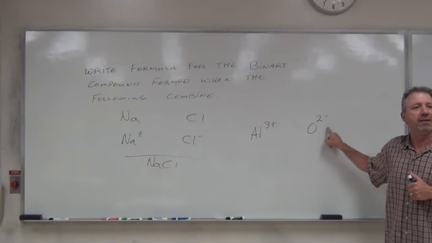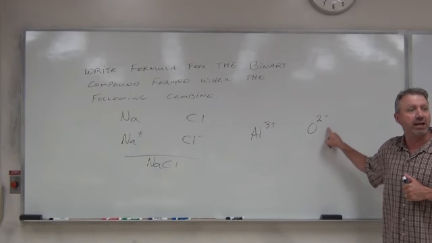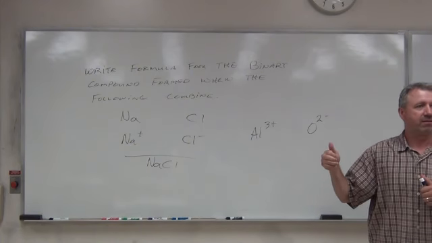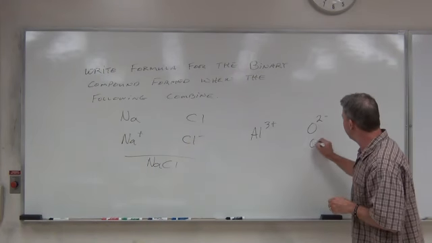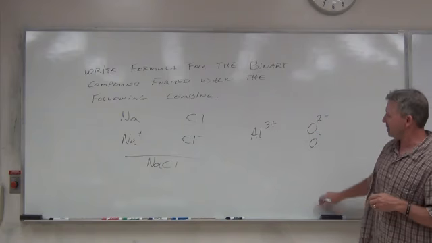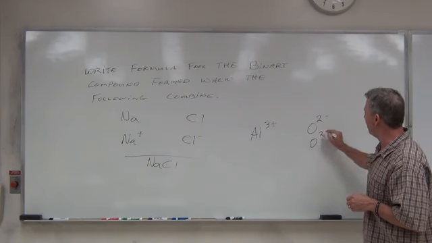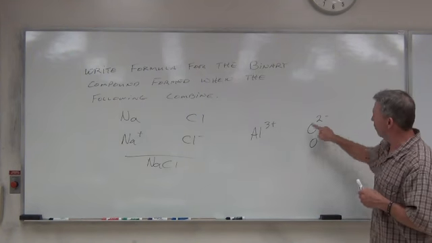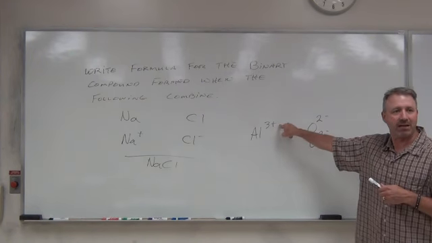I'm deficient on the negative side. I need more negatives. But I can only add O to negatives. I can't say, oh, there it is, negative 3 plus 3, because O only comes in 2 negative. Now I have negative 4 plus 3. Now I'm deficient on this side.